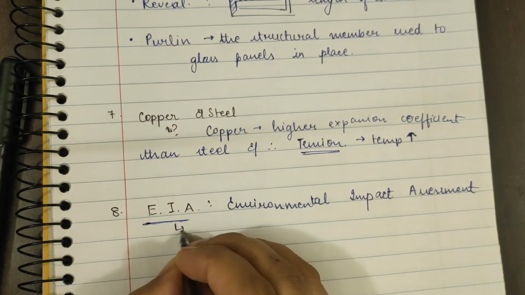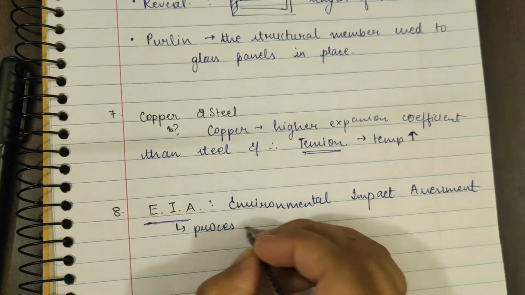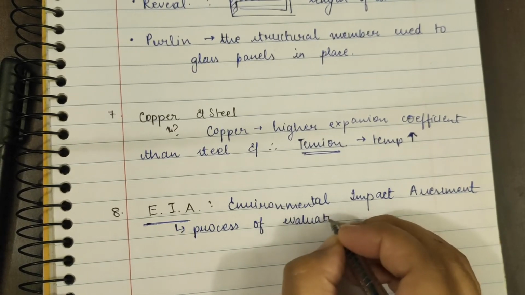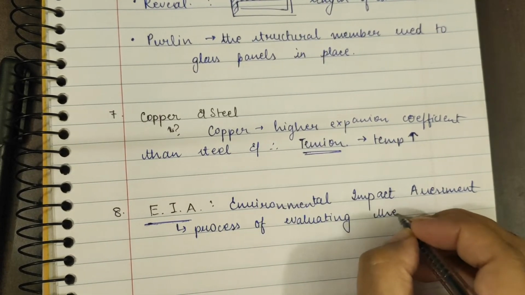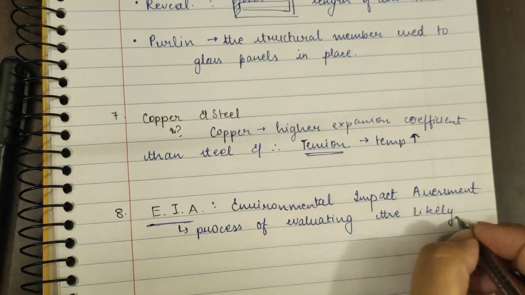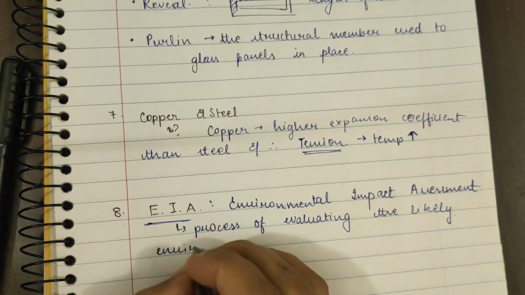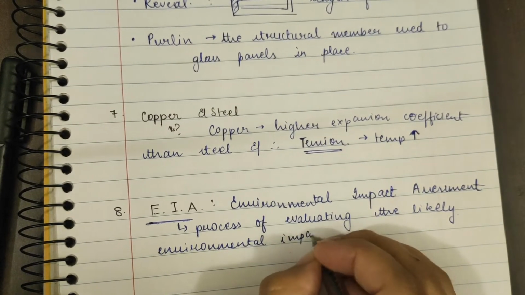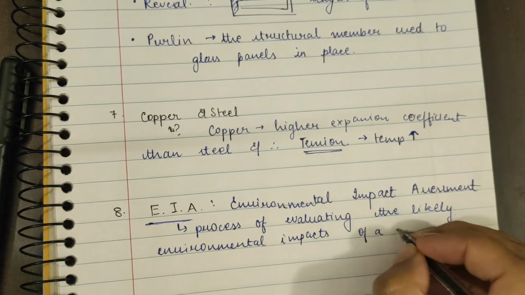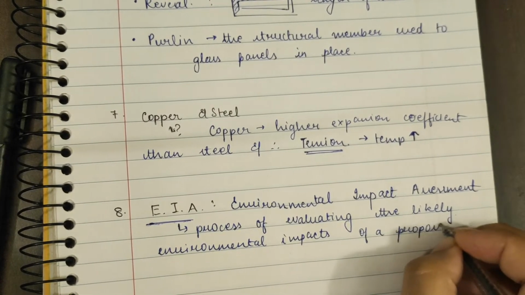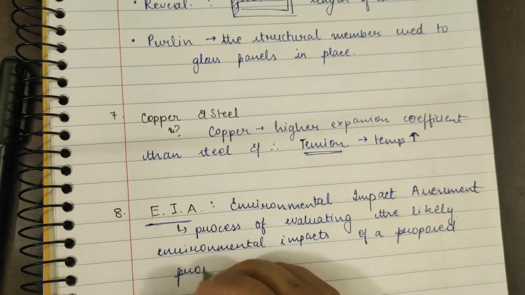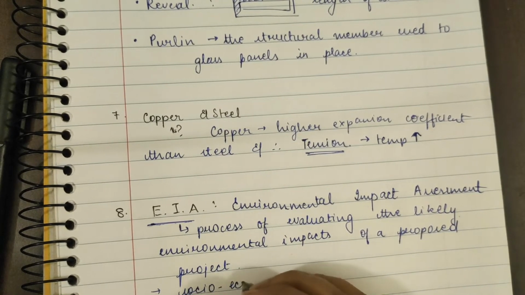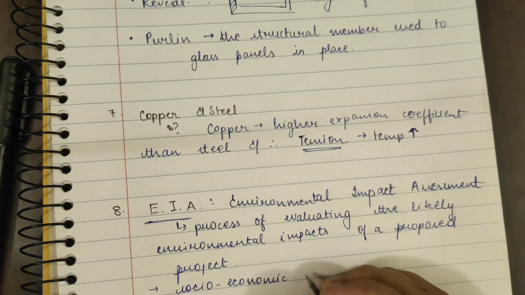I'll just give a short definition of this. It is the process of evaluating the likely environmental impacts of a proposed project. And what are the different aspects? It also sees the socio-economic impacts, so it's not just based on environmental impacts.